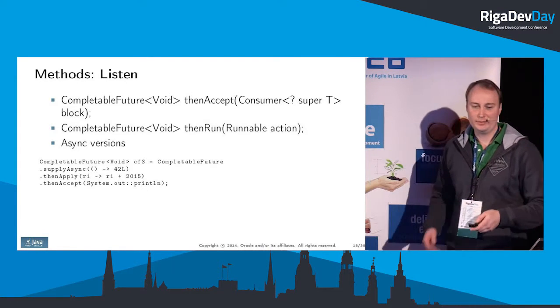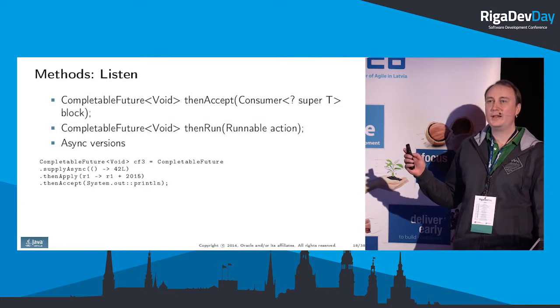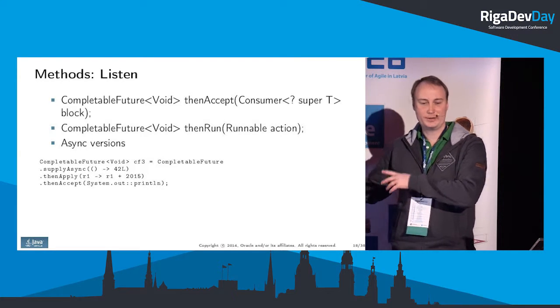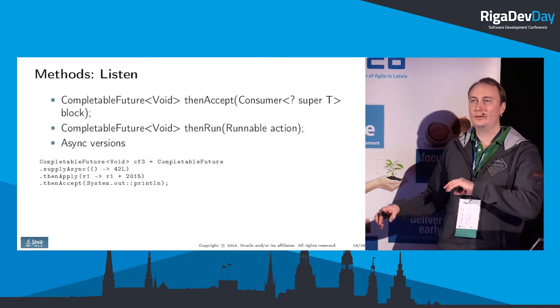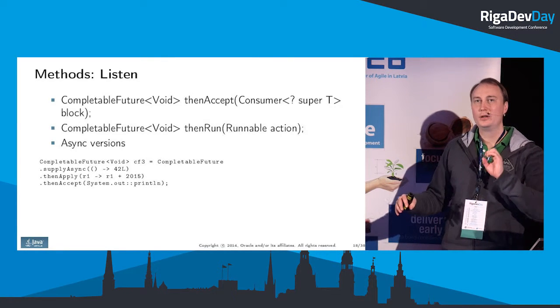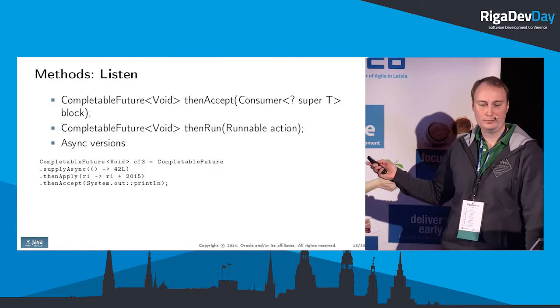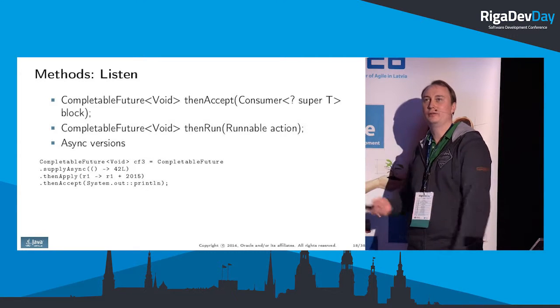It's thenAccept and thenRun. Then you can finally process the result of your calculation chain. It's thenAccept. Or just ignore it and do something when your calculations have completed successfully. It's thenRun. So in this case, we accept printing to standard output.